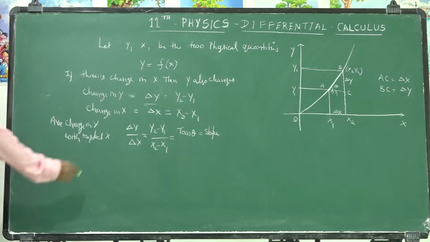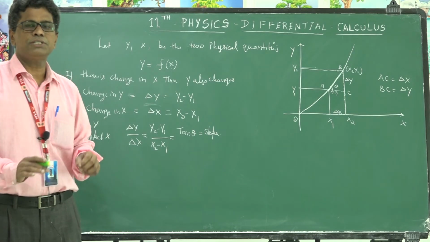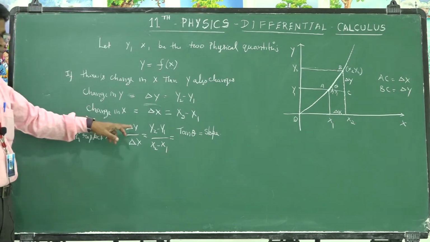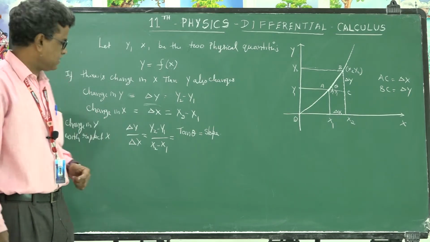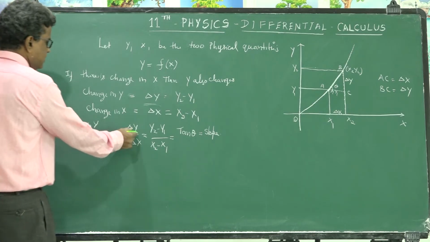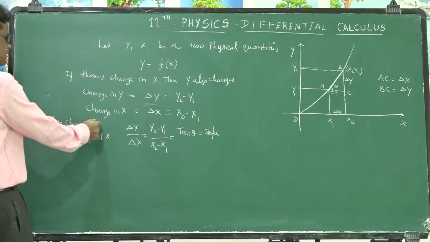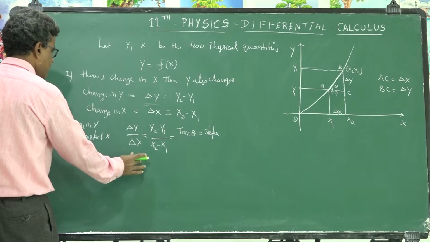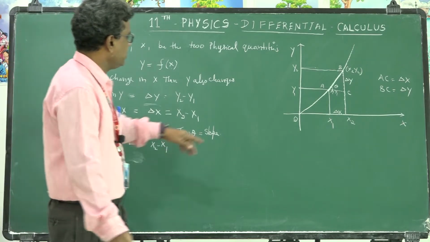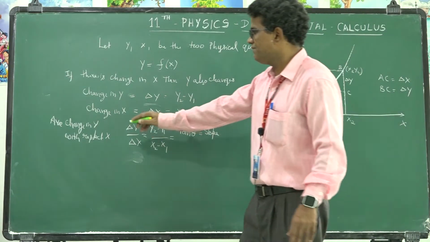That means this delta y by delta x indicates how y varies with respect to x, because y depends on x. If x changes, y also changes. However, this is the average change. Why do I call it the average change in y?